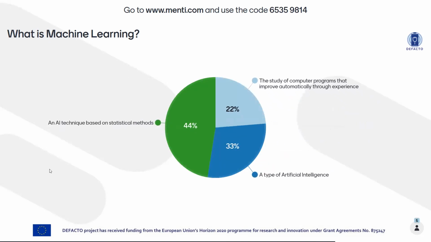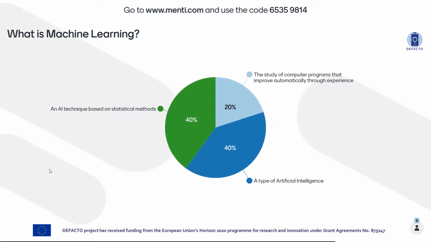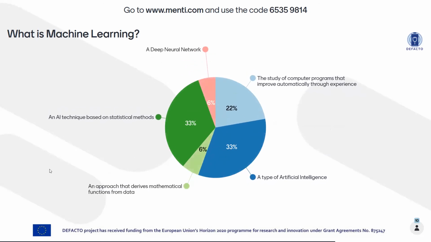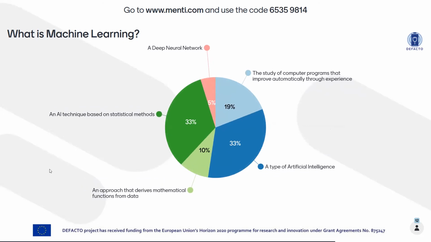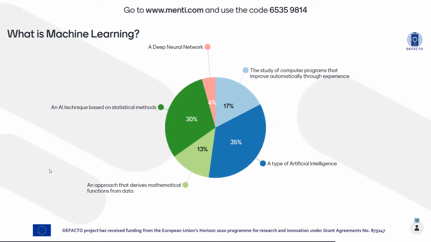Okay, so here you see, till now, the majority of people choose an AI technique based on statistical methods and also a type of artificial intelligence, which is correct. Usually, in the literature, we can find a confusion between artificial intelligence and machine learning, right? So machine learning is a subfield of artificial intelligence, right?